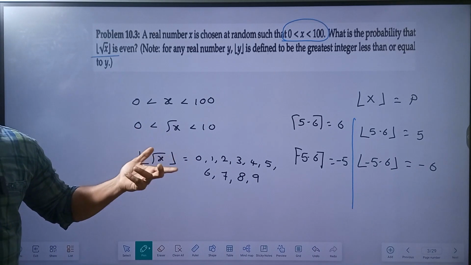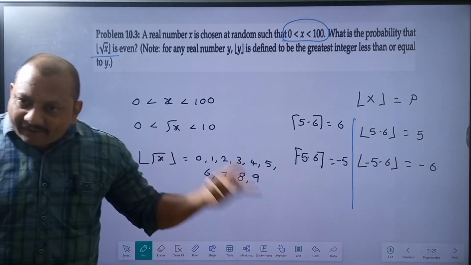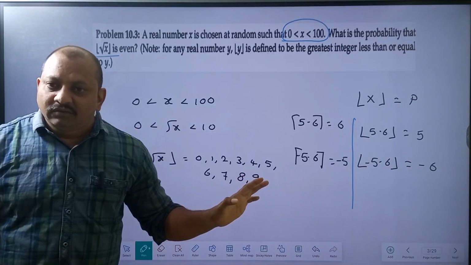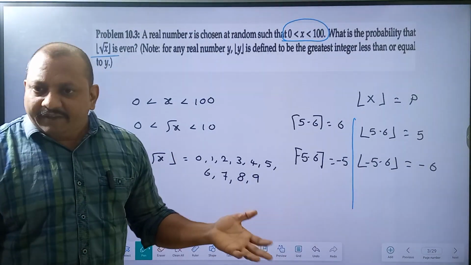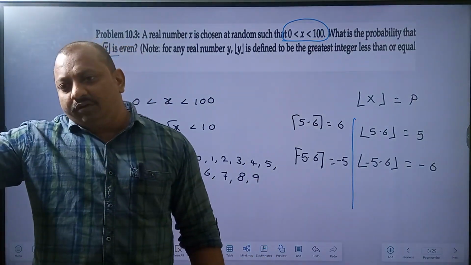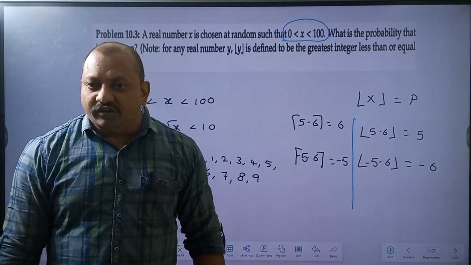Root x can be 0.5, 0.6, which is greater than 0, and the corresponding floor is 0. If root x is 0.9, the integer below is 0 and above is 1, and since floor takes the lower one, it is 0.